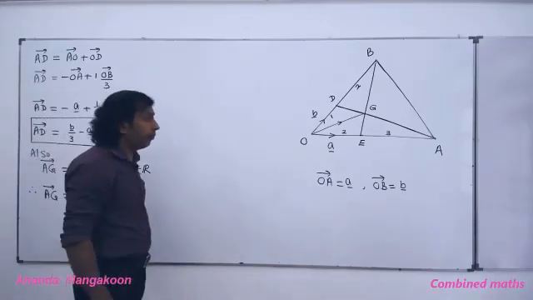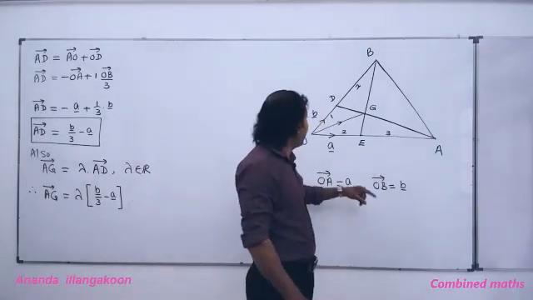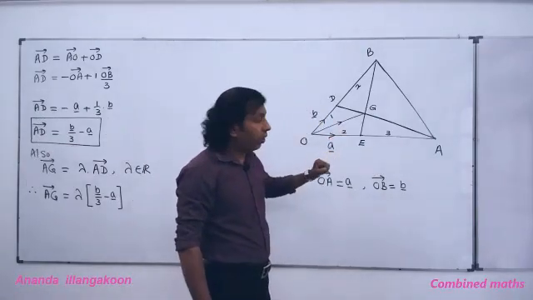Now we have AG vector. Now tell me how to find this OG vector. OG vector can be found how?